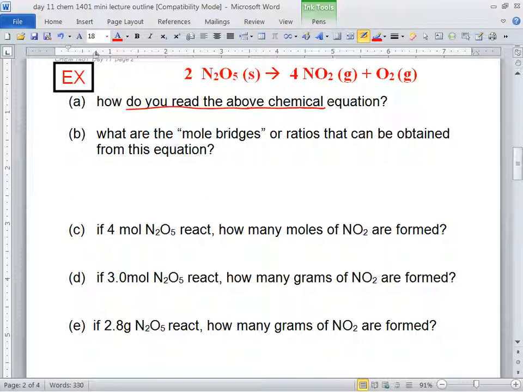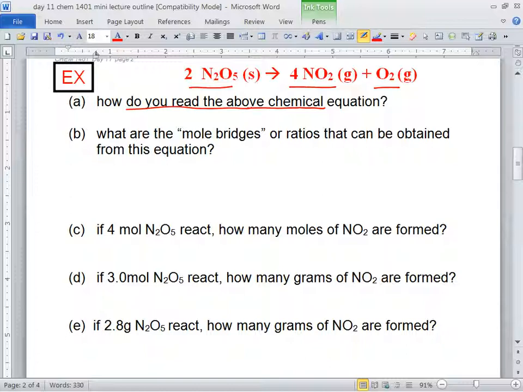Is it 2 grams? What's the unit? They're ratios. You get 2 dinitrogen pentoxides for every 4 nitrogen dioxides, or for every 1 oxygen. But what's the ratio? Anybody know?